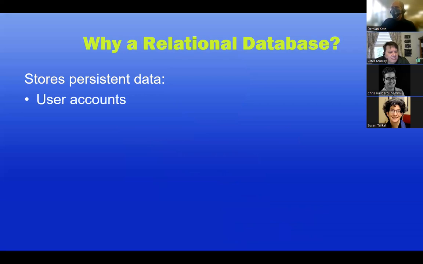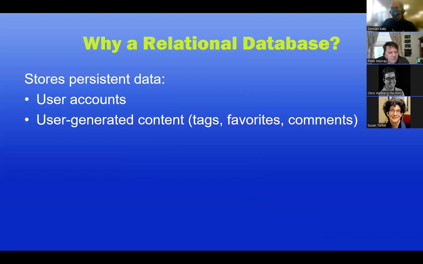Even if you're not using the database as the primary source of user data, if you're using an external authentication method, VuFind still has to keep track of users so that it has something that it can associate with user-generated content, which is also stored in the database. So things like tags, favorites, comments, etc.